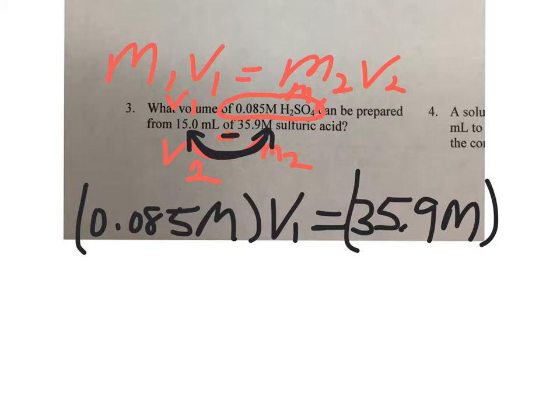And my V2 is what? The 15 milliliters. Now, unlike yesterday, remember yesterday we were working only with liters, right? Today, as long as you have milliliters on both sides or liters on both sides, it doesn't matter whether you have liters or milliliters. As long as you have the same unit.